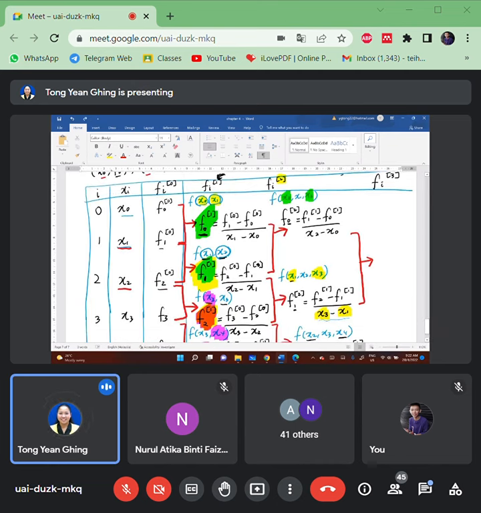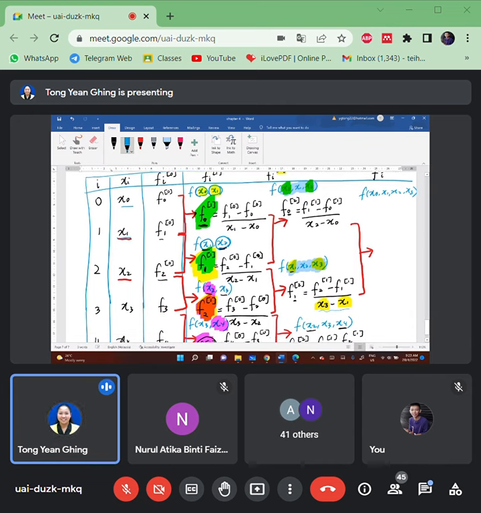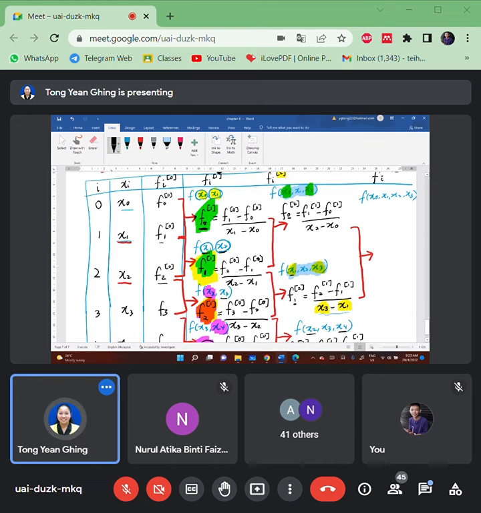Look at here: this one starts from x0, x1, x2, and this one is x1, x2, x3. So we consider from x0, x1, x2 until x3. This one will be F0 third divided difference.